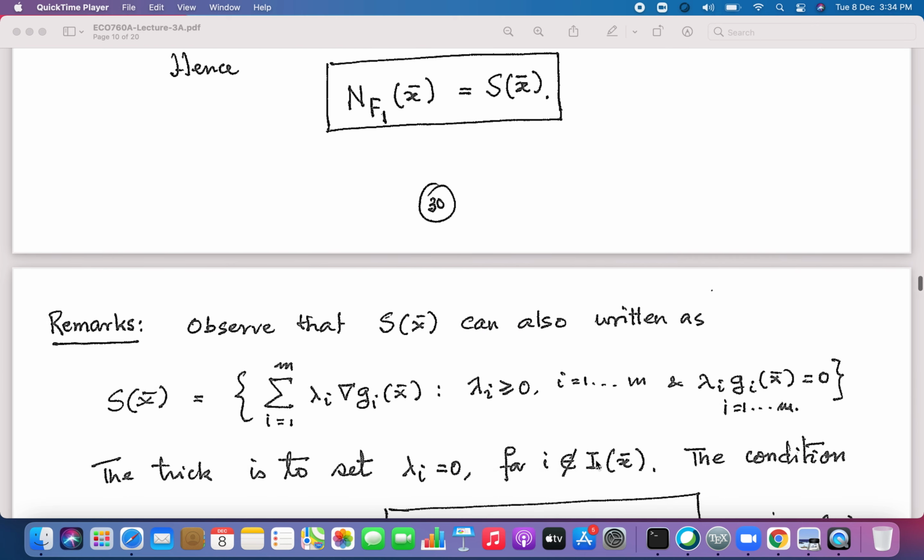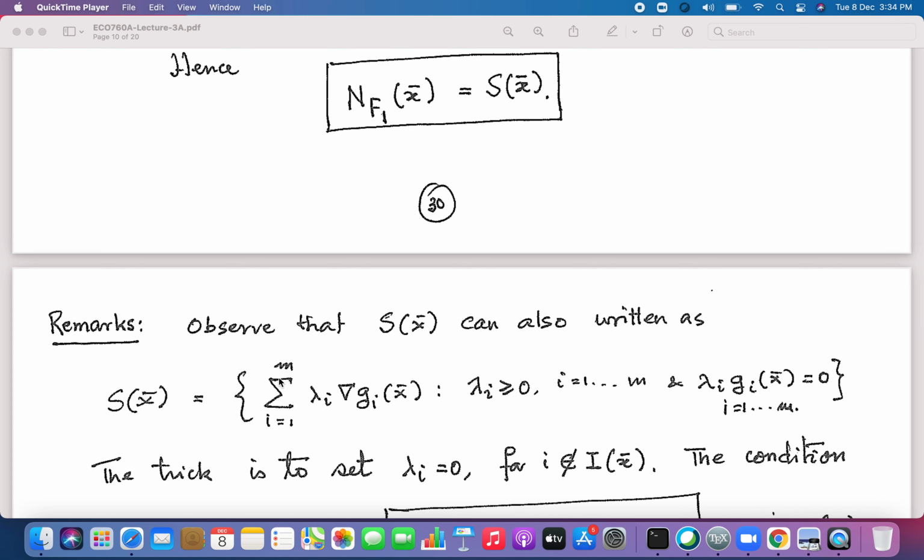But you might be uncomfortable with always writing the gradient of the active index set, knowing that from point to point the active index set would change. You might want an easier way of writing. At any given point x bar, look at those gi x bar which are strictly less than 0. With them, associate lambda i equal to 0.